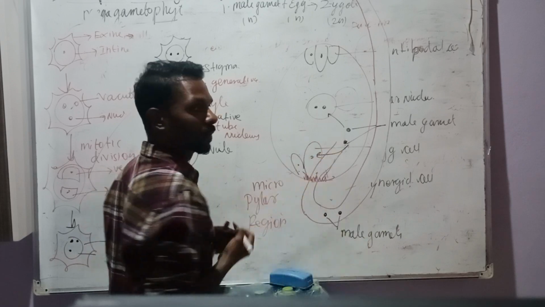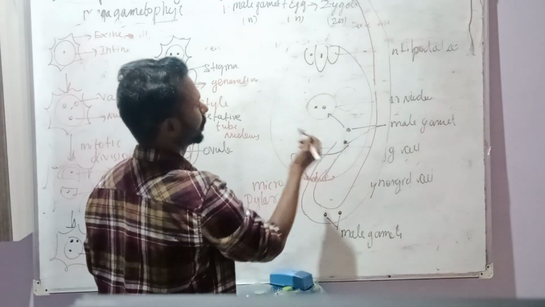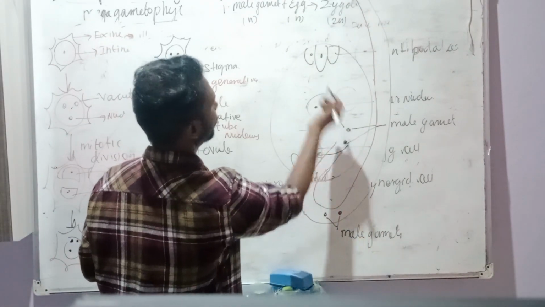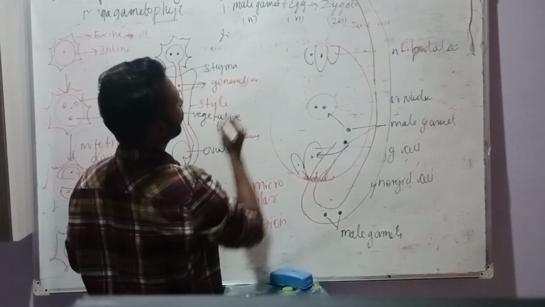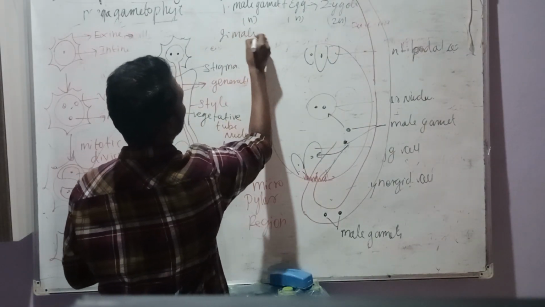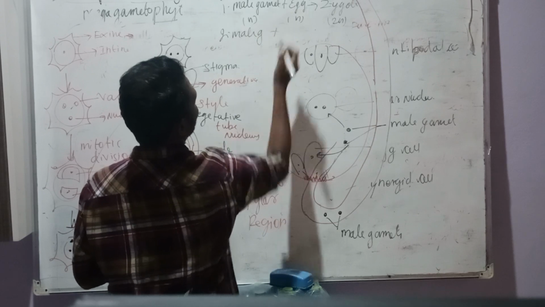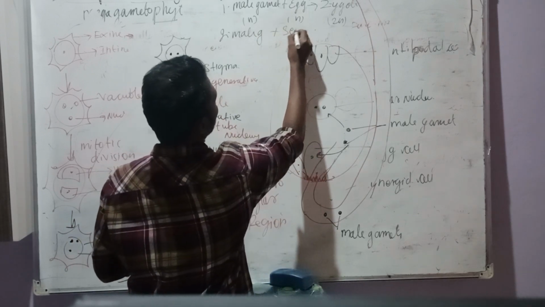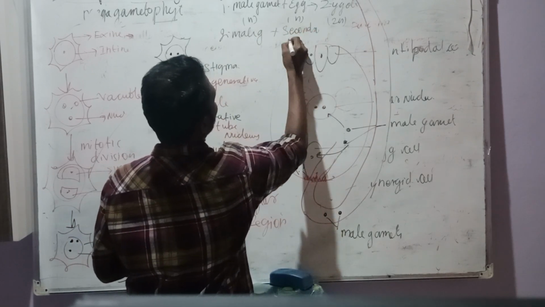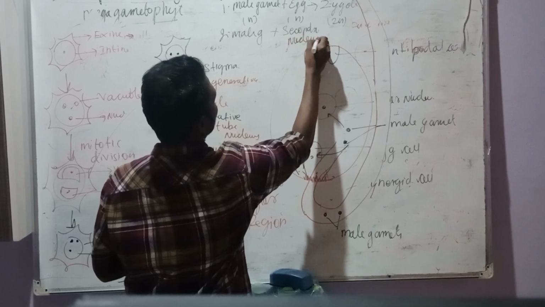One fertilization is over. In the second fertilization, the second male gamete fuses with the secondary nucleus.